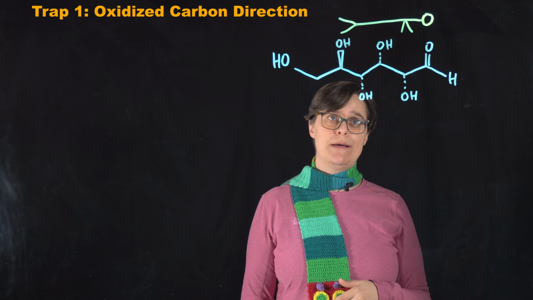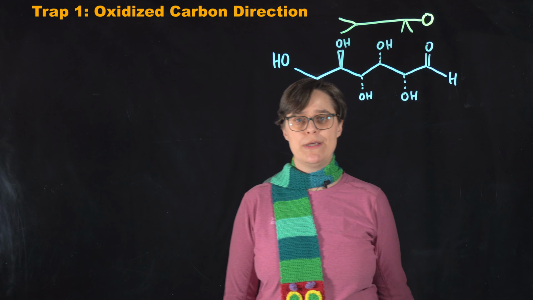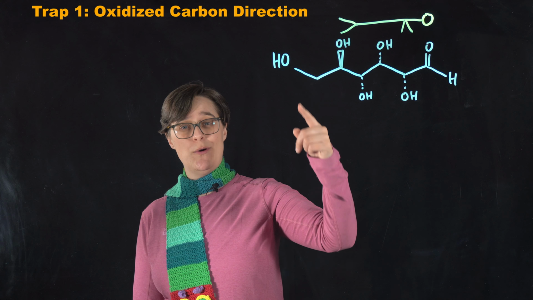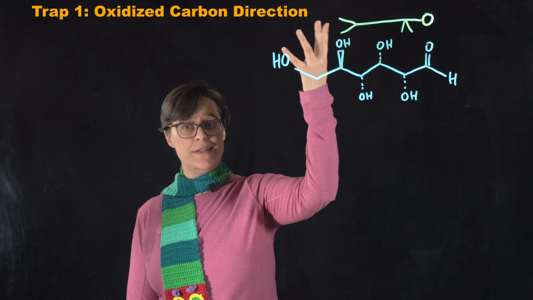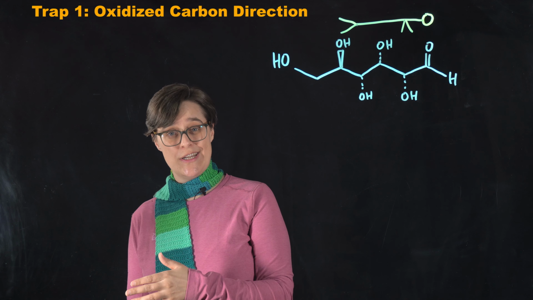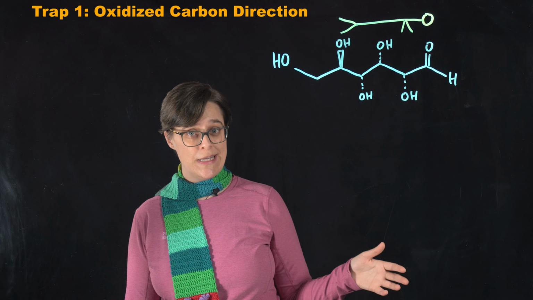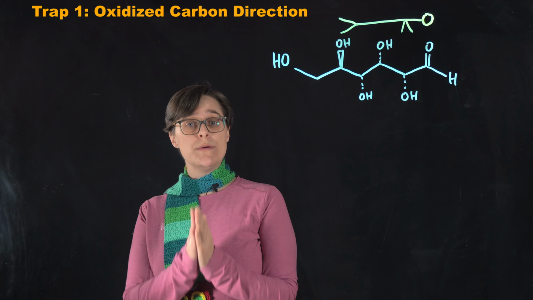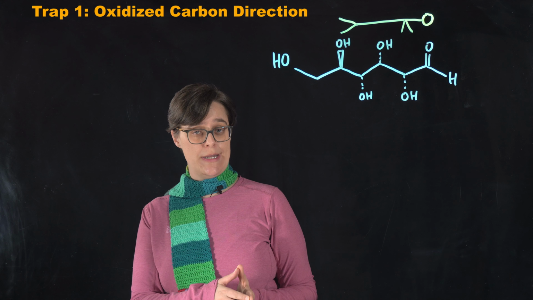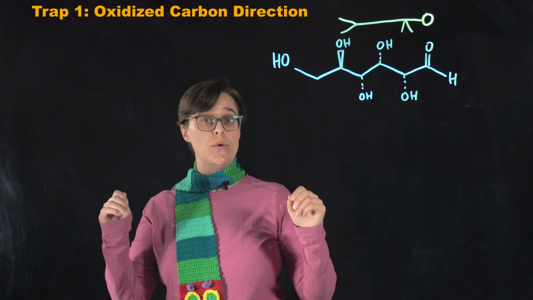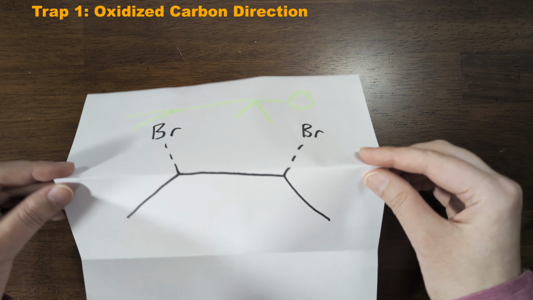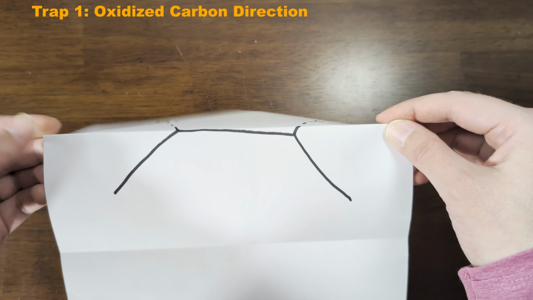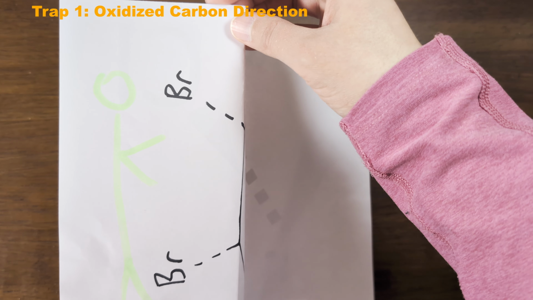Then the day of your exam comes and the professor will flip this molecule around. Carbonyl will be on the left. Your person needs to turn around. Then the wedge is on the left, dash is on the right. So when you are remembering which side your wedges and dashes go on, pair it with the side that the wedge is on. You can also take your exam paper and just look at it from a weird angle.